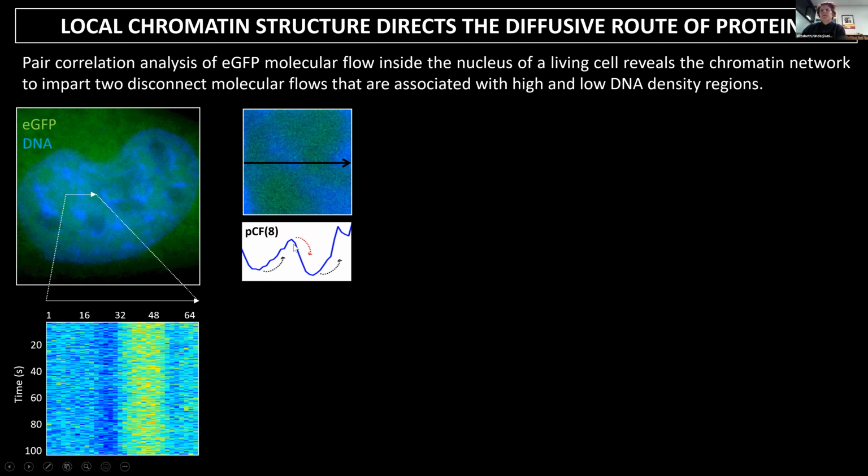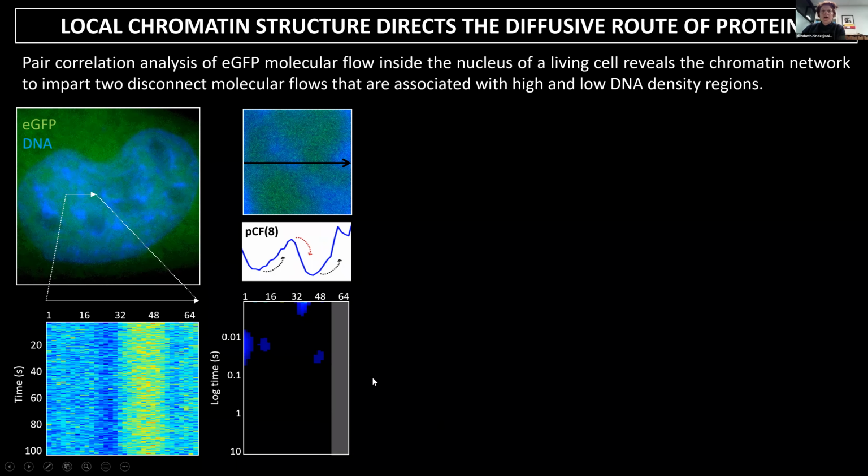And can EGFP molecules in a high DNA density region leave this and go to the low DNA density region? And we find that on the timescale of our experiment the GFP molecules can't perform this transit. So there's no communication in terms of GFP diffusion between low and high DNA density.